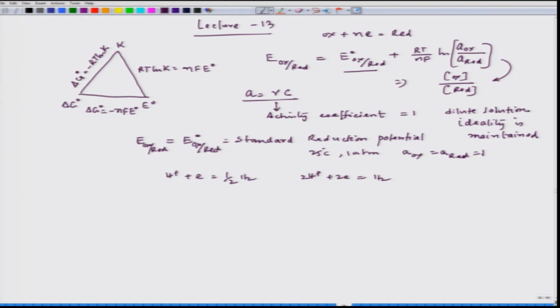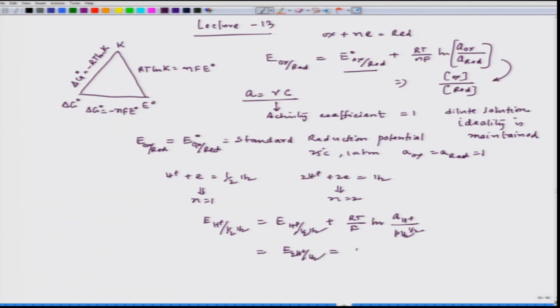Only thing is in the Nernst equation, in this case n equal to 1, in this case n equal to 2, but finally we would come across E equal to E0 H plus/half H2 plus RT/F ln activity of H plus over P H2 to the half, and you would see that in both the cases the equations would remain the same.